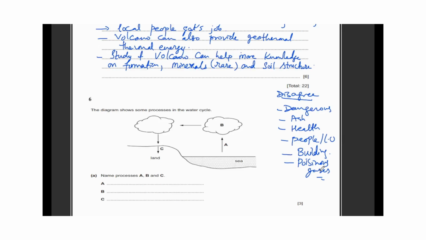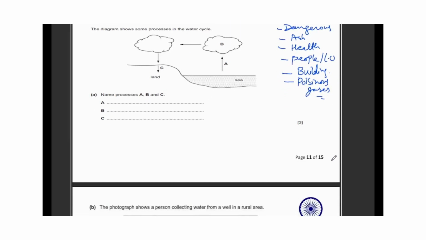Okay, moving to the 6th question. The diagram shows some process in the water cycle here. So what is A? A is water moving to B. B forms a cloud and then C is something inside the land. So A is evaporation, B is forming a cloud is condensation.